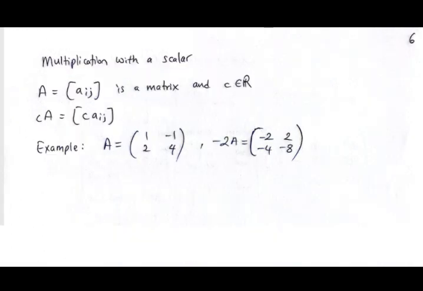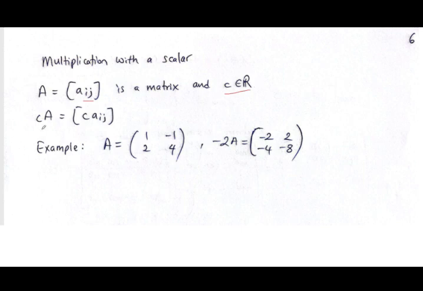Next, we should explain what's the multiplication with a scalar for a matrix. So again, we are representing our matrix A using Aij, where i and j are the row and column index of each element. And suppose you want to multiply this matrix with a scalar, which is C, a real number.